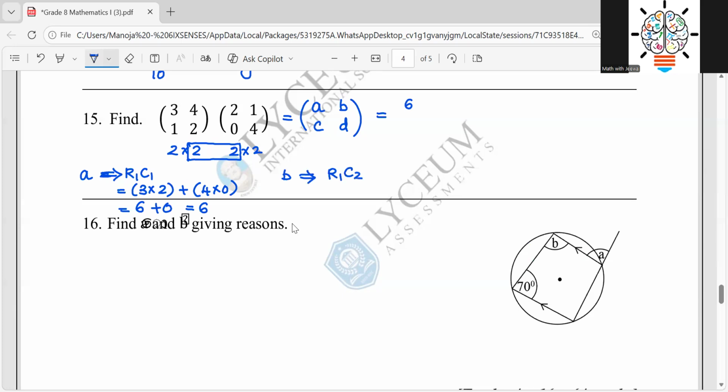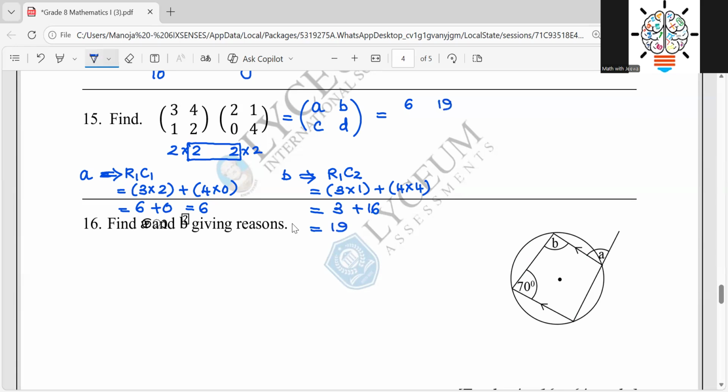R1, C2. How are we going to get the values? 3 times 1 plus 4 times 4. 3 times 1, 3. 4 times 4, 16. Then the answer is 19. So then I write here 19.